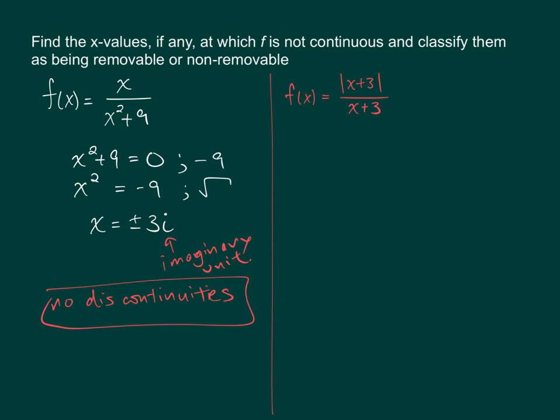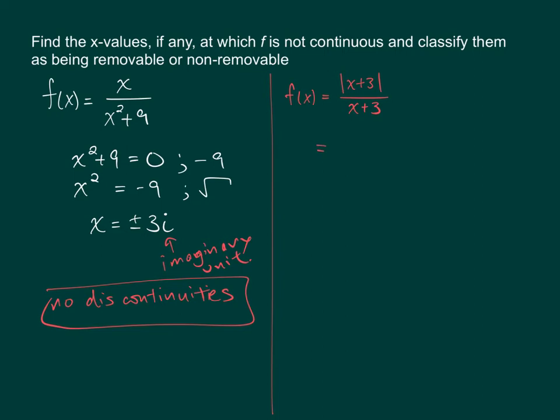The next example, it looks like we have this weird function, the absolute value of x plus 3 over x plus 3. The easiest way to explain where there is a discontinuity here is to look at what the piecewise function is.